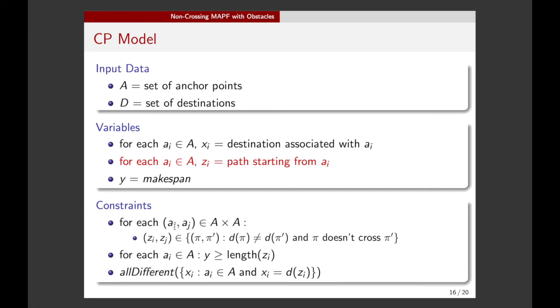As a result, we impose a table constraint on Zi for any pair of paths Zi and Zj, starting from different anchor points Ai and Aj. They should end up with different destinations too, and at the same time, they don't cross.